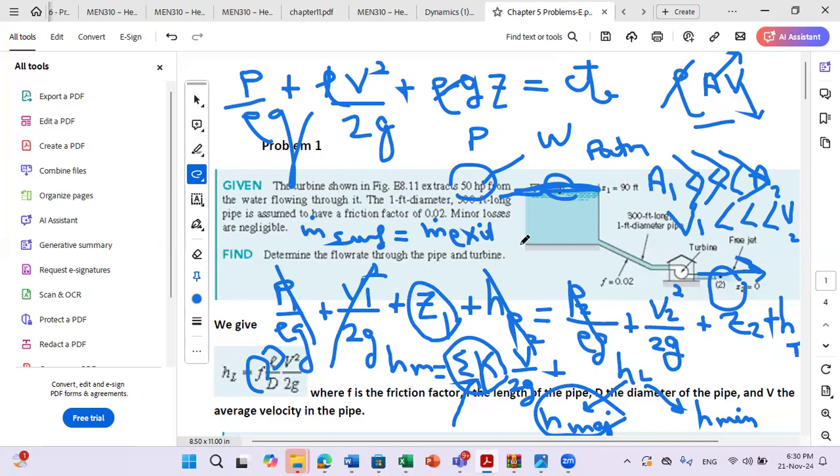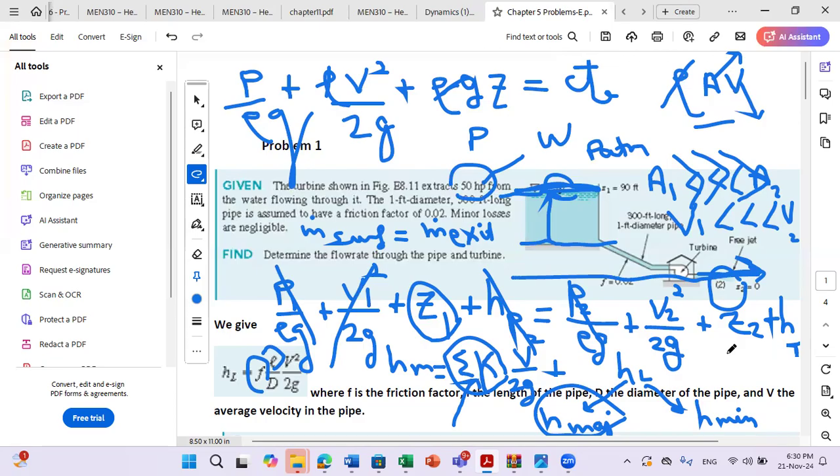If you consider the reference here at the bottom of your reservoir, Z1 is just the elevation from the bottom. You can also take the level of the turbine to be the reference. It doesn't matter where you select your reference because what you care for is delta Z. So whatever the reference line position you consider, Z1 and Z2 will vary, but delta Z will remain the same.